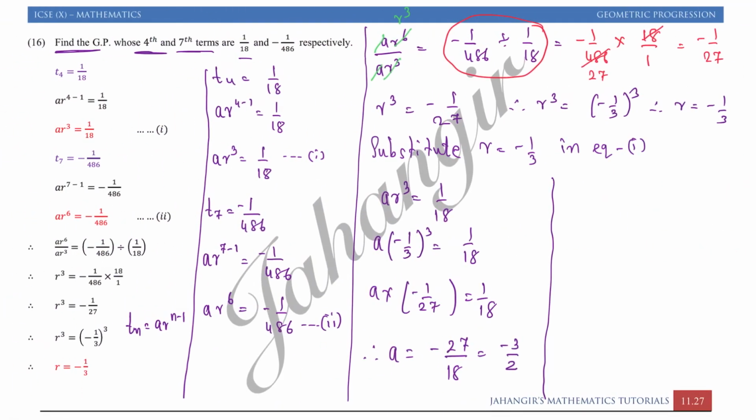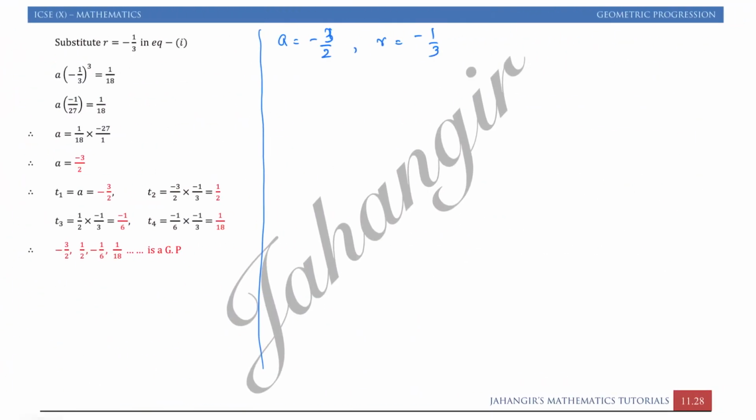A is minus 3 by 2, R is minus 1 by 3. Yes. So now T1, that is first term, is minus 3 by 2. T2 is minus 3 by 2 multiplied by R, because term 2 is AR. Into R is minus 1 by 3. 3 will get cancelled. You will get 1 by 2.